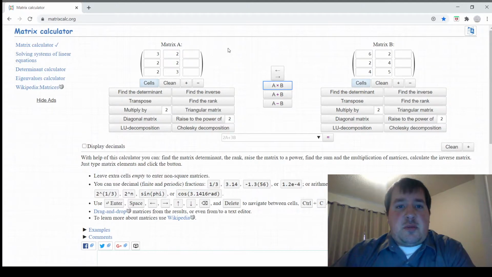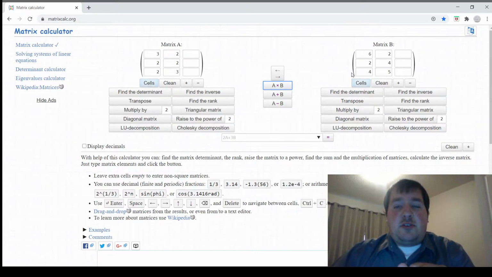So the easiest way to remember this is if you write it out. So we have a 3 by 2 and a 3 by 2. The last digit of the first matrix, the columns, needs to match the rows. So the first number of the second matrix.